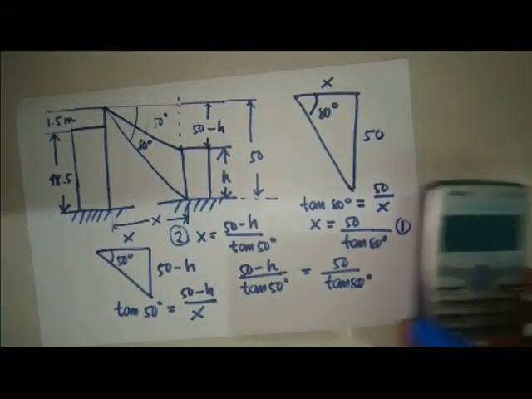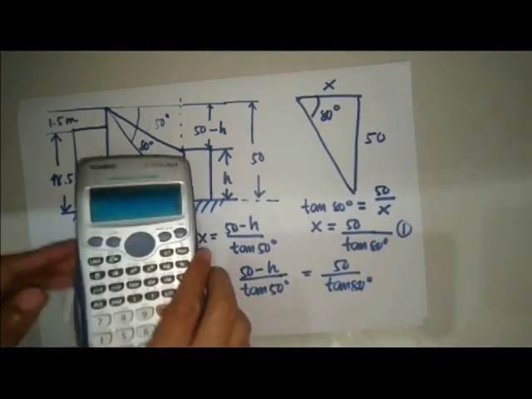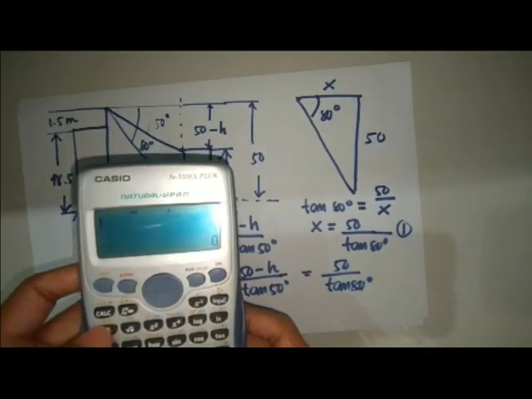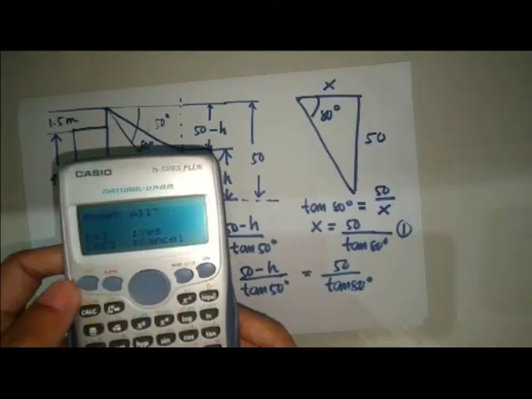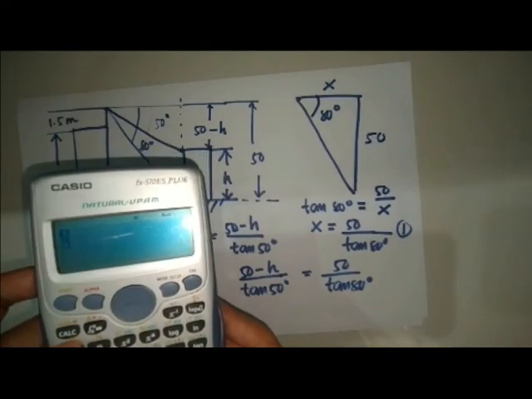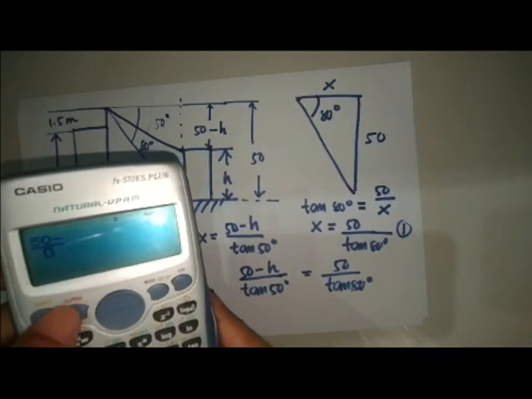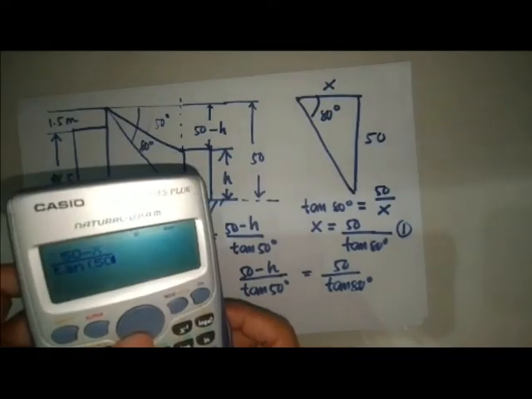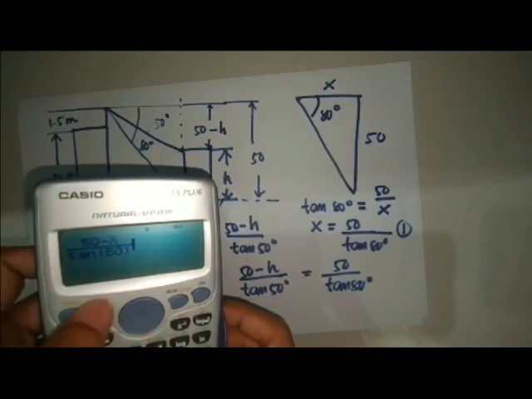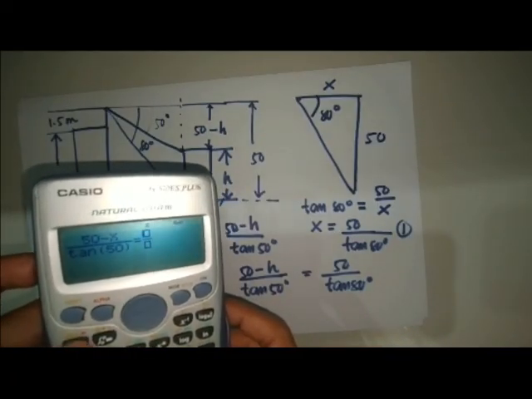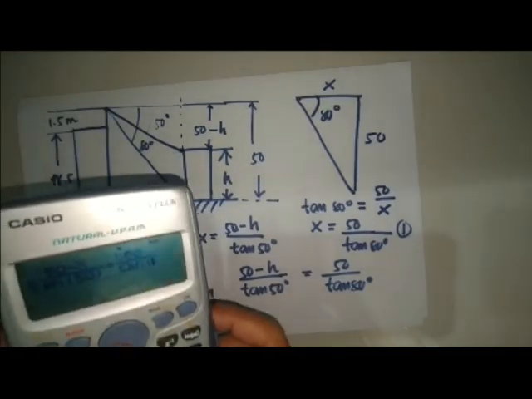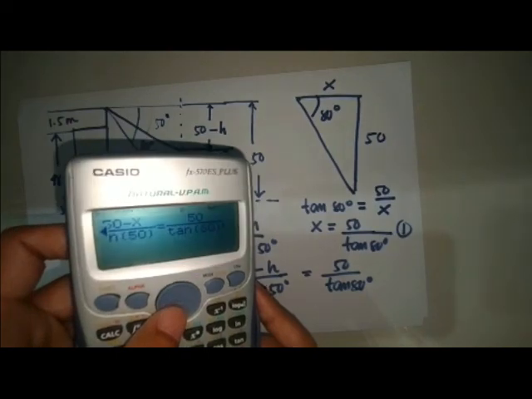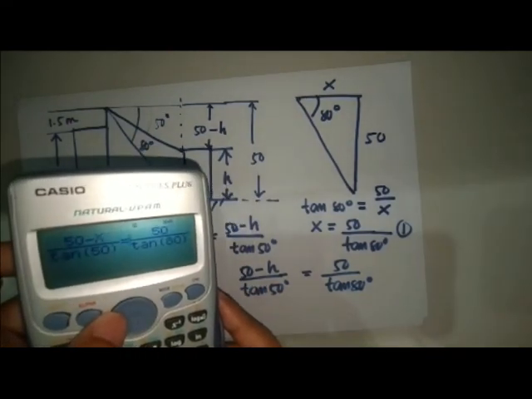Using the calculator, with h as the unknown x, you enter 50 minus x all over tangent 50 degrees equals 50 over tangent 80 degrees, then use shift solve.